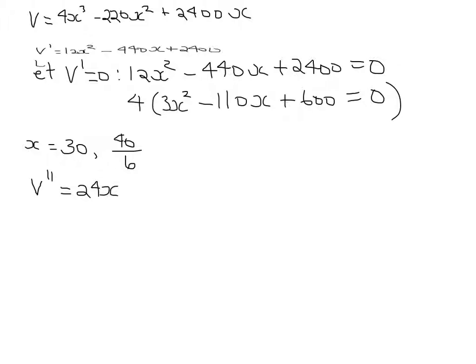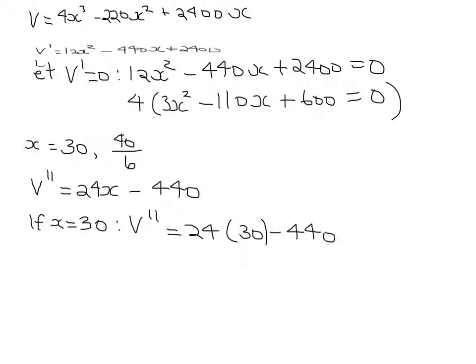So the second derivative is 24x minus 440. And if I sub in x equals 30, I get that the second derivative is 24 by 30 minus 440, which equals 280, which is bigger than 0, so it's actually a minimum.